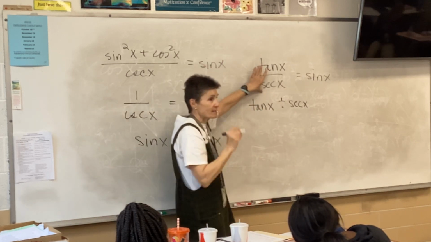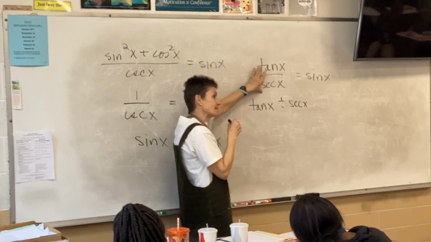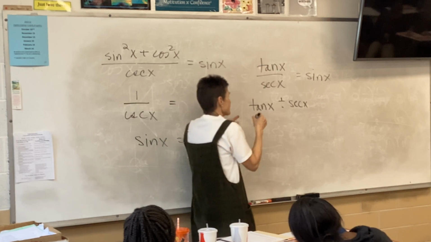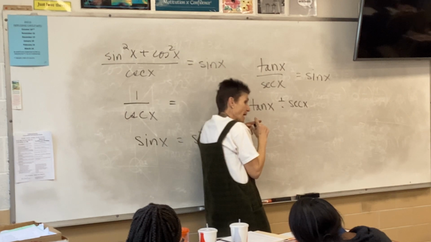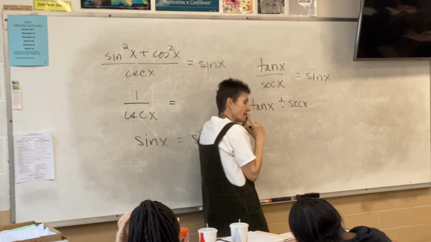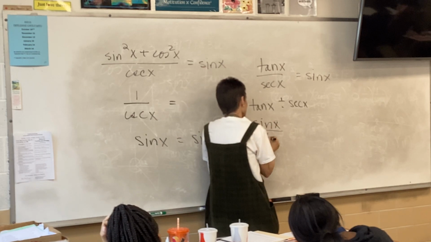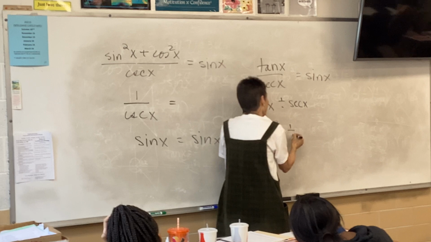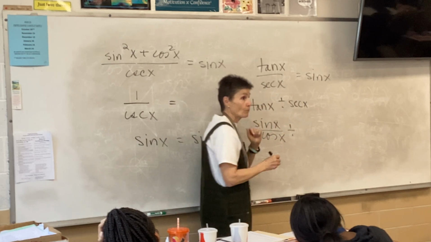Isn't that what this means? And sometimes that's helpful because tangent can be rewritten as a fraction. What's tangent? Sine over cosine. And we all know that secant is 1 over cosine.